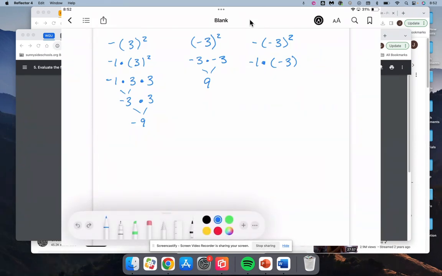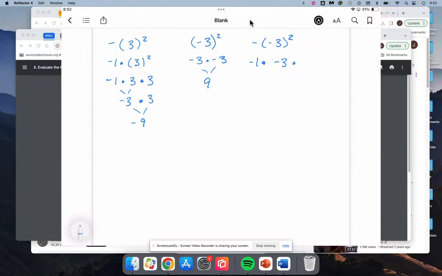And I don't need those parentheses actually, so we have two negative 3's in here being multiplied by each other. So a negative times a negative makes a positive, and a positive times a negative makes a negative. So that's going to be basically what's going on with any kind of problem like that.